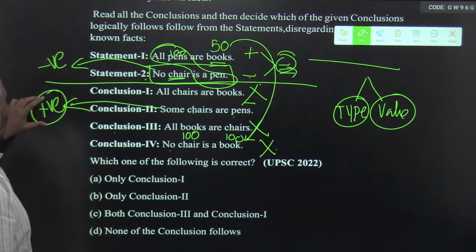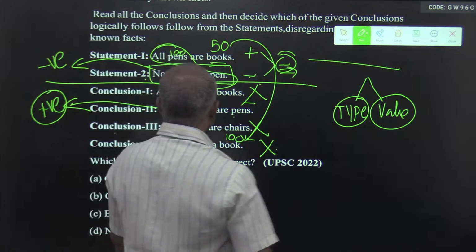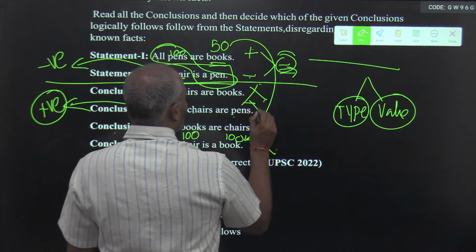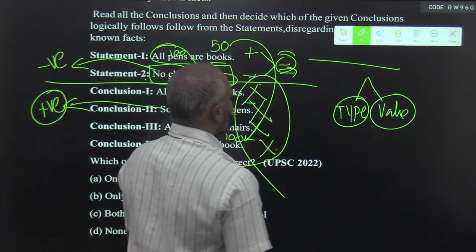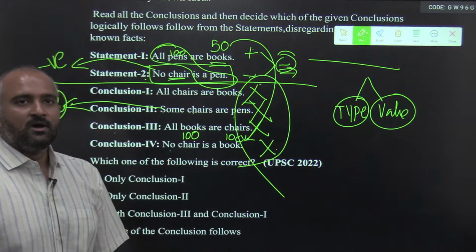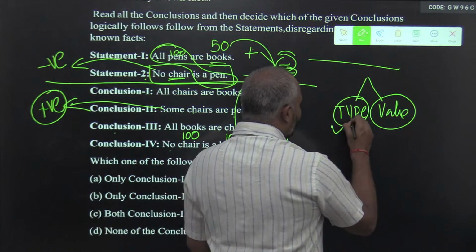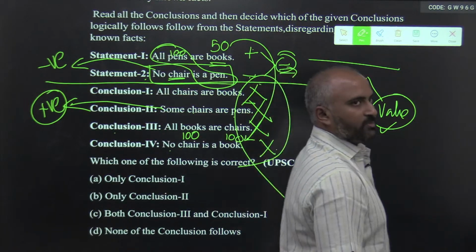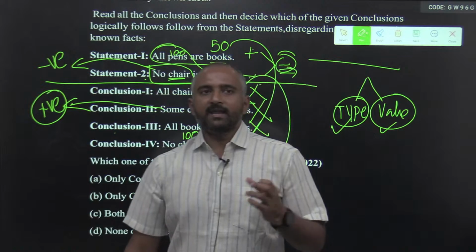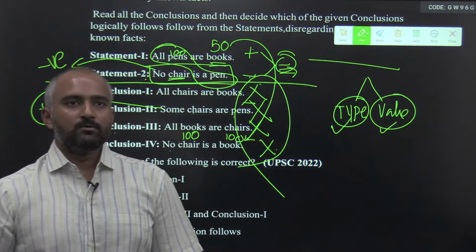Can you draw a positive conclusion from a negative statement? No, you can draw only a negative conclusion from the negative statement. So none of the conclusions follow. After you verify type, go for value. First verify the type and next verify the value.